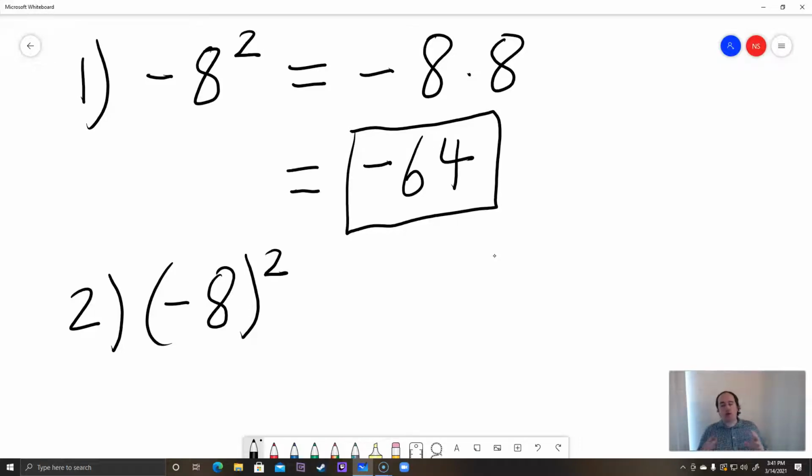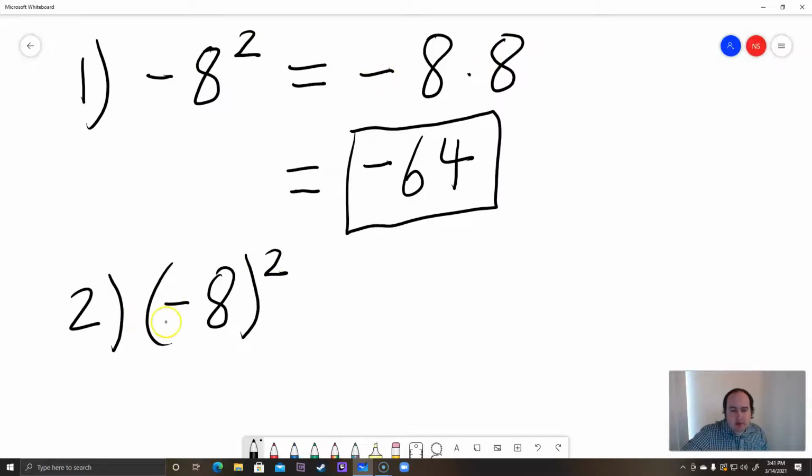In other words, the quantity negative 8, quantity squared. Okay, so you would think that this would just give you negative 64, just like the last problem. However, there's an important difference between these two problems. On the first one, there was no parentheses around the negative, so that meant that the square actually only applied to the 8. It didn't apply to the minus.